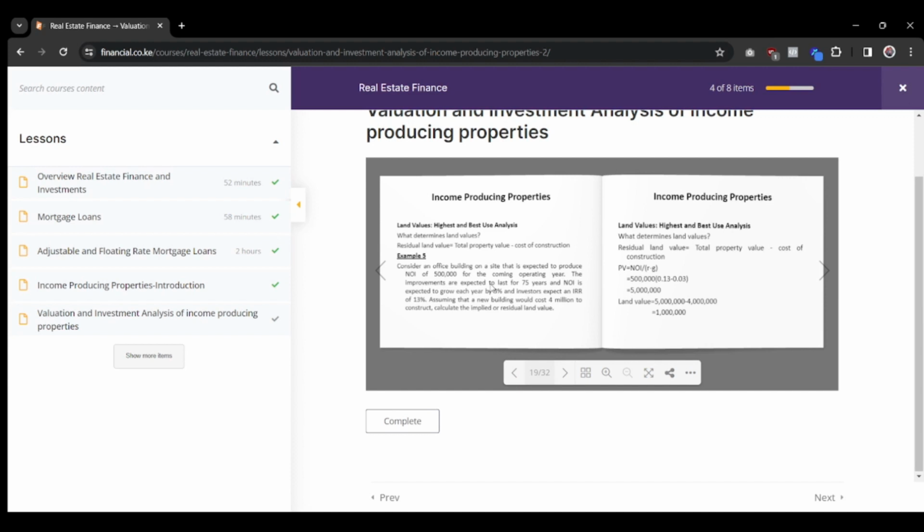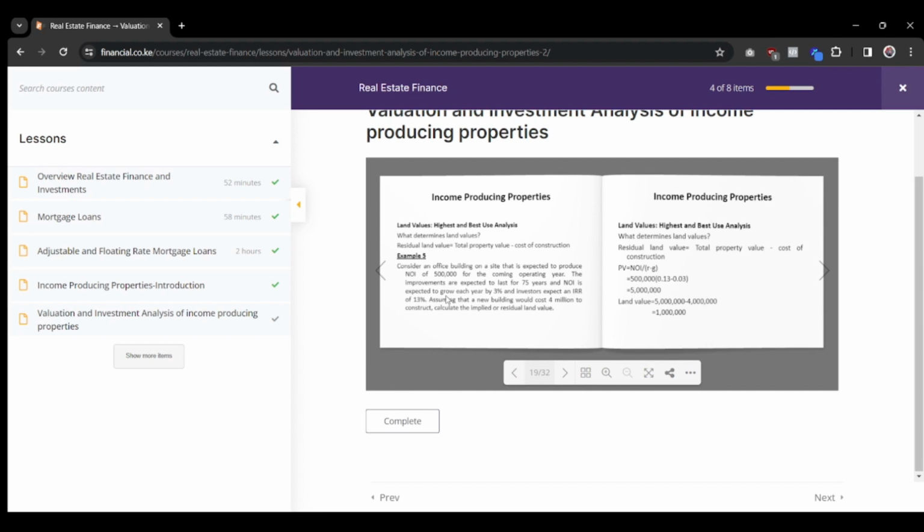The investments are expected to last for 75 years. The net operating income is expected to grow each year by 3%, and investors expect an internal rate of return of 13%. Assume that a new building will cost 4 million to construct. Calculate the implied or residual land value.